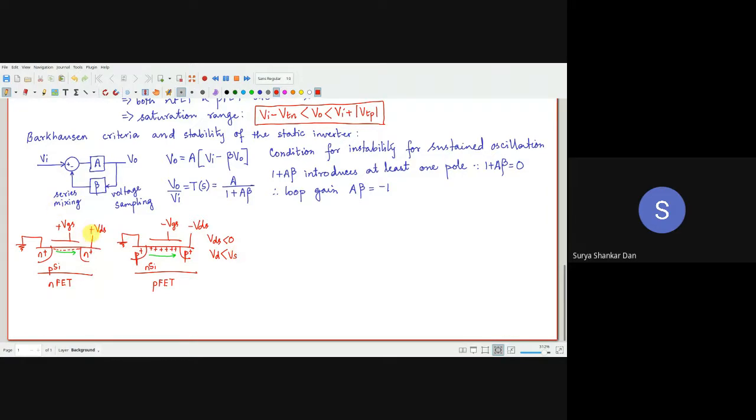In the NFET case, when we said plus VDS, it means VDS is greater than 0. Similarly, VD, that means the absolute voltage on the drain side, should be larger than the source. Okay. So just from common sense we can understand, if we want to ensure that the NFET is functional, we will try to put the source at the lowest possible voltage in the circuit. The lowest possible voltage is usually 0.